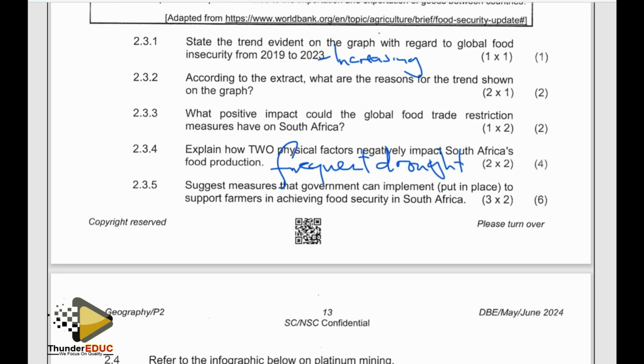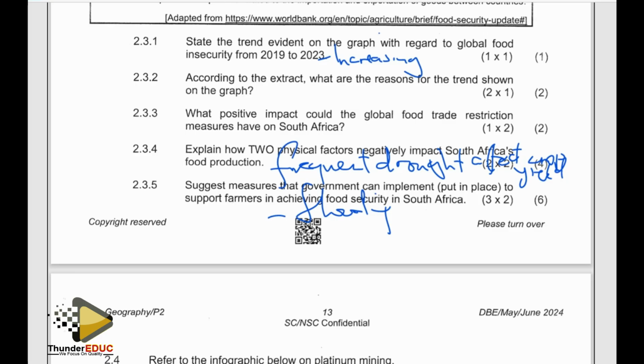If we have frequent droughts, they are going to affect crop yields. We cannot have high yields if there is a drought situation. Or we can talk of climate change in the form of frequent flooding. Those floods are going to affect the farmlands and the yields.